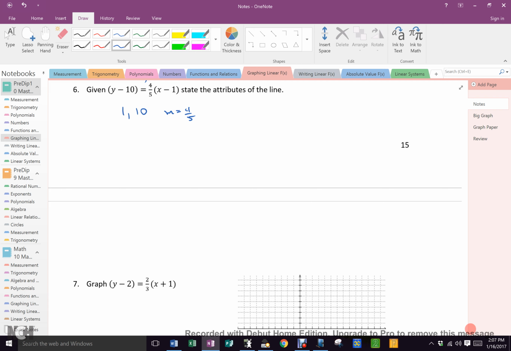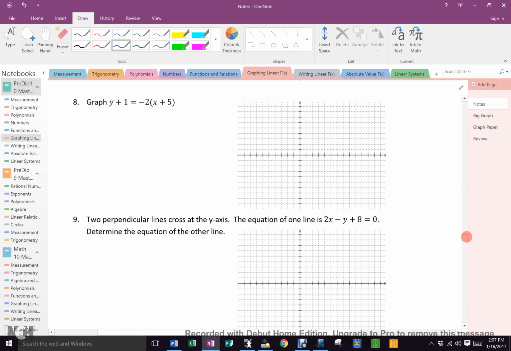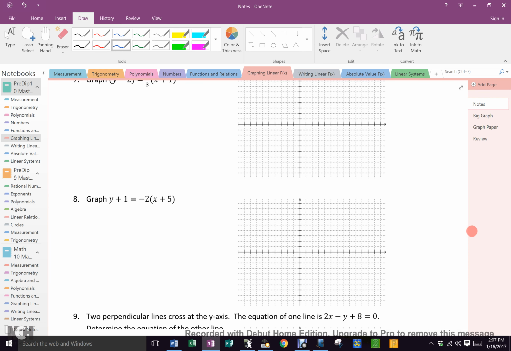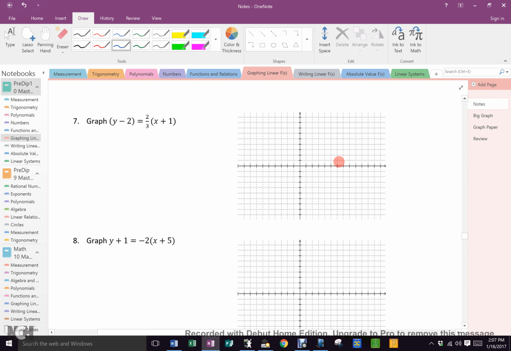Okay, so let's look at that first one. For now, we're just going to graph it. So everybody over here, graph this. What's your starting point? What's your slope? So your starting point is -1, +2.